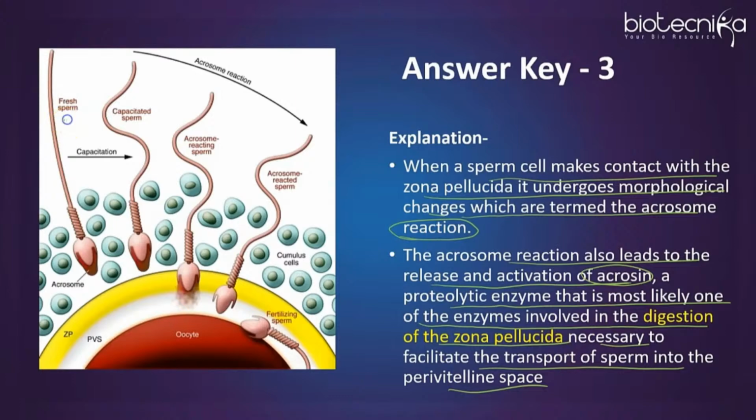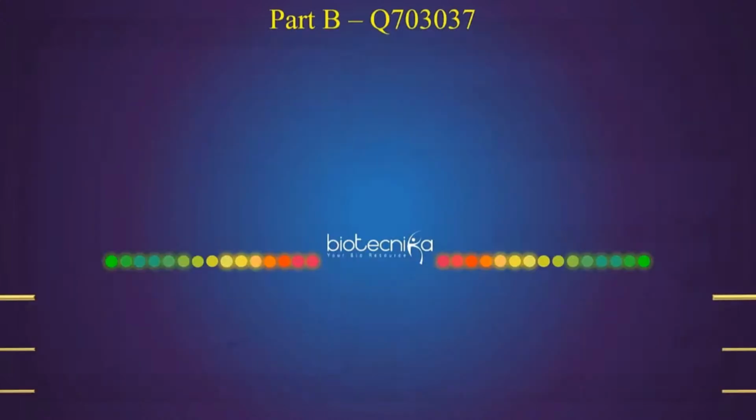So you can see here that the acrosome, once it binds with the zona pellucida, releases its contents, and then the sperm comes into the perivitelline space and fuses with the membrane of the oocyte. So acrosome reaction happens before fusion of membrane only, and anyway fusion is done by fusogenic protein, not by the acrosomal membrane. So this was also a pretty simple question.